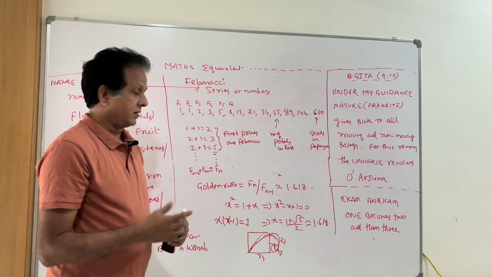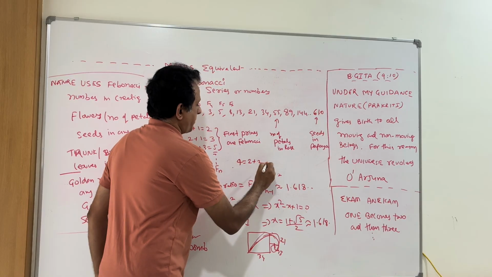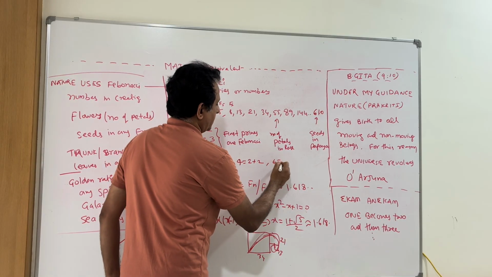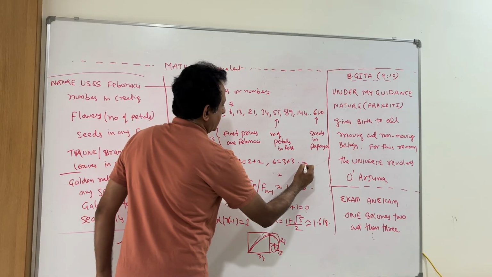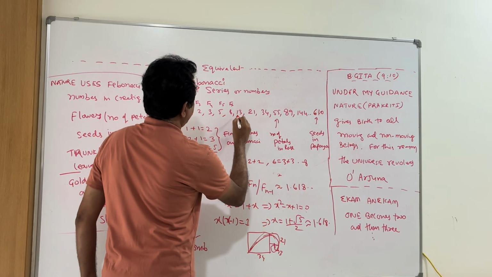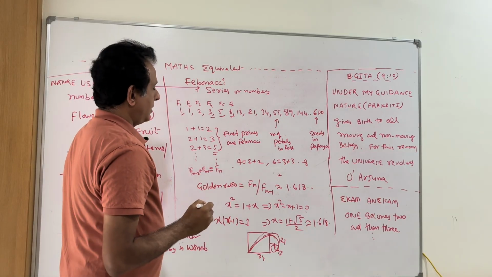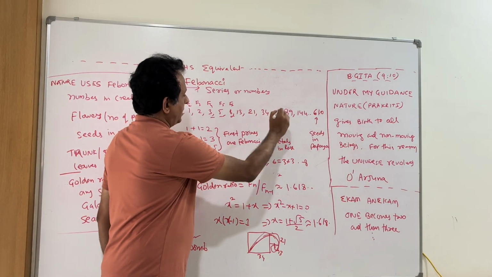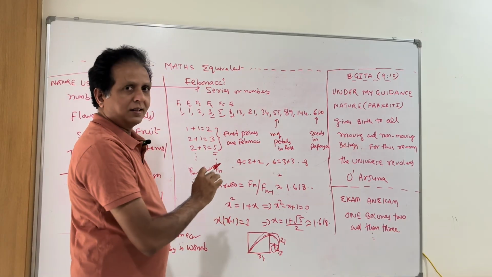So 4 is equal to 2 plus 2, 6 is equal to 3 plus 3, and so forth. 8 is equal to 5 plus 3. So the even numbers in the Fibonacci series are also sums of two primes.